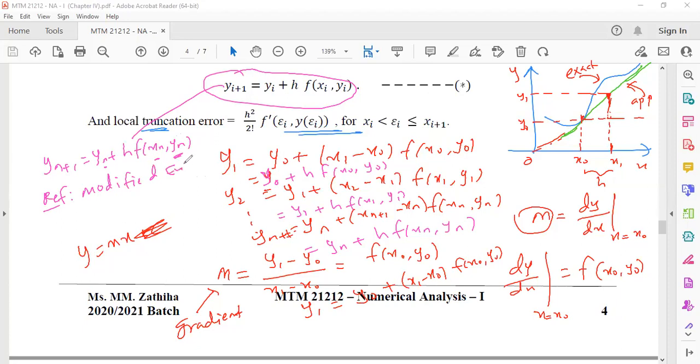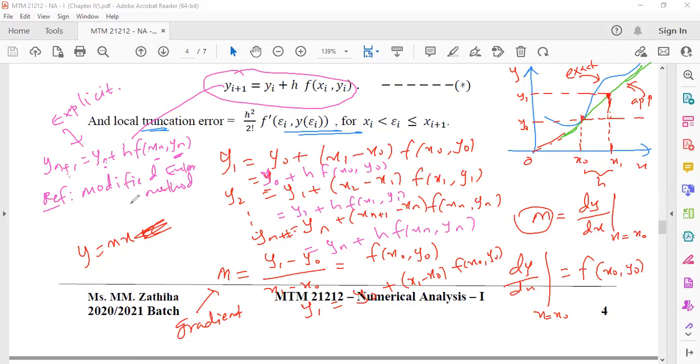Please note these things; you can refer to them for your other studies, or maybe this course comes again. The modified Euler method is the implicit method. This is our explicit method, in the sense that we use the earlier known values: y naught, y_n we know, x_n we know, h we know. Only then are we finding our unknown y_{n+1}.